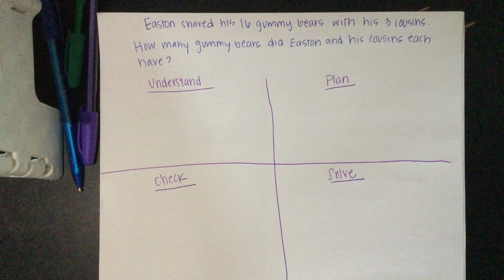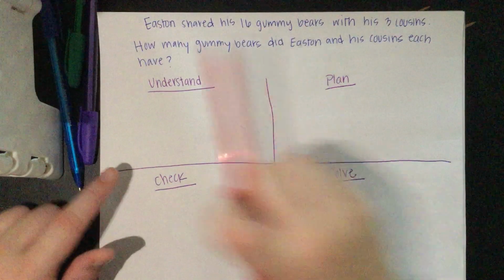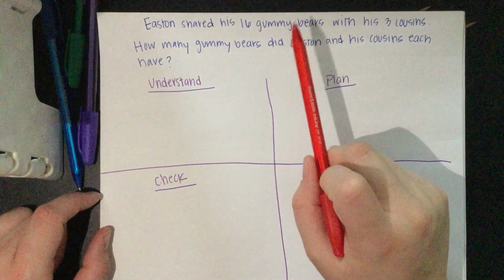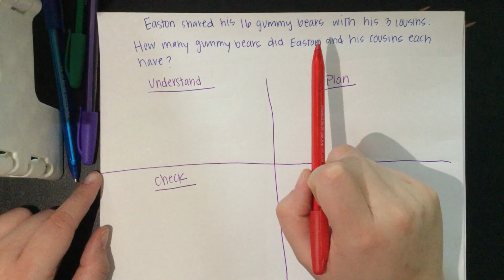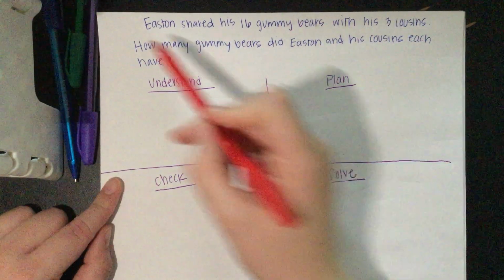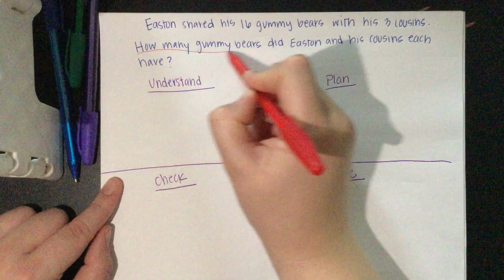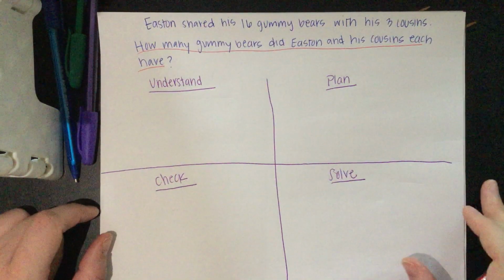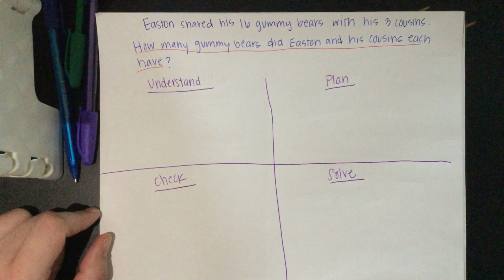Okay, so the first step, remember, we've read our problem without our numbers. Now we're going to use the question, how many gummy bears did Easton and his cousins each have, to write a sentence. All right?